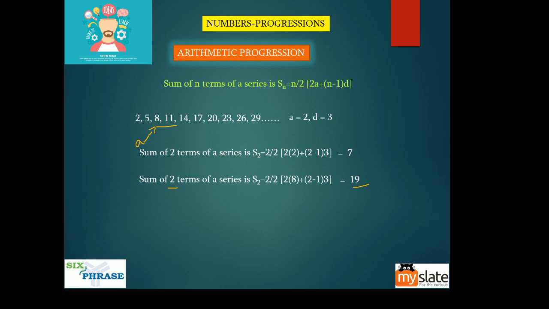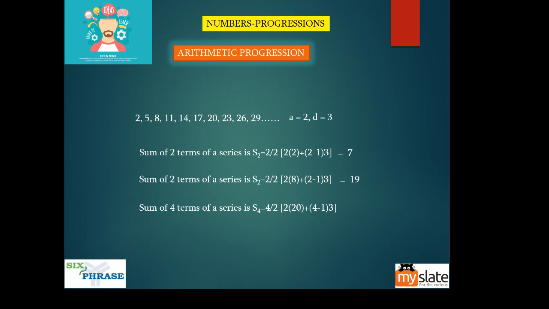Understand this, so that when it comes to problem time, it will be easy. Now four terms, we are finding four terms, and it starts here. You are asked to find the sum of this. So if you are asked to find this, this is a, right? Yes, sum of four terms, so this will become 4 by 2.